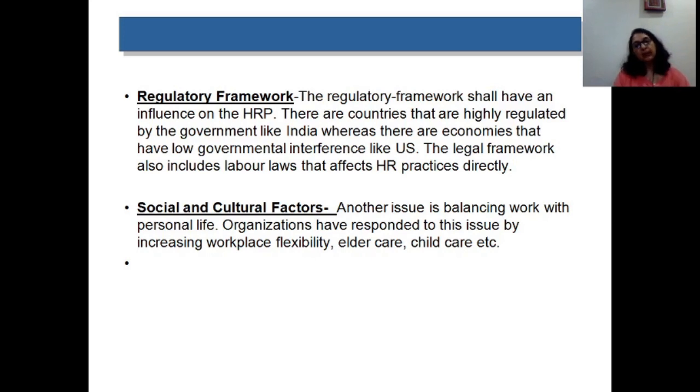So this impacts the human resource planning practices. Then lastly, we have the social and cultural factors. So issues like work-life balance are in vogue, and organizations have to respond to these issues by increasing workplace flexibility, elderly care, child care, etc.